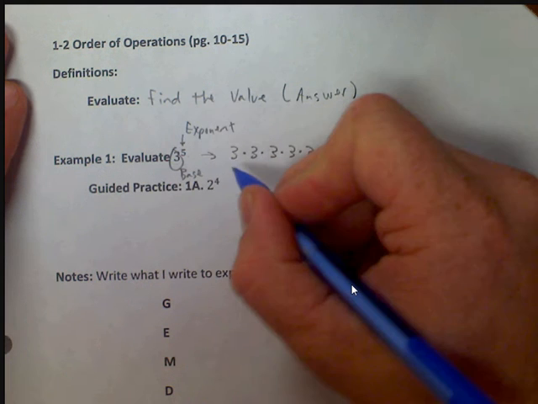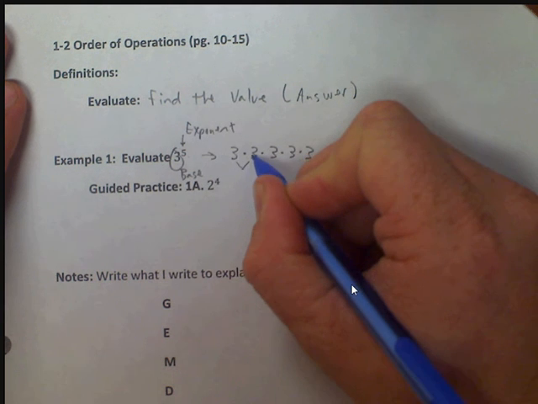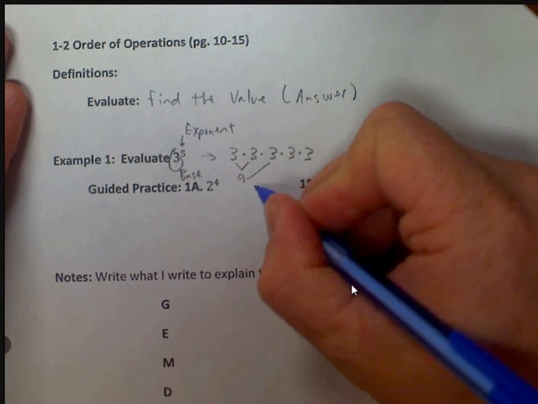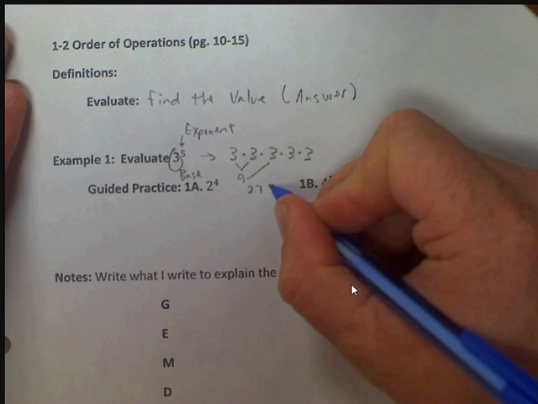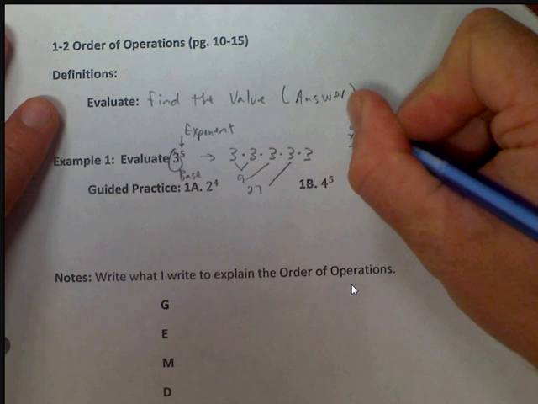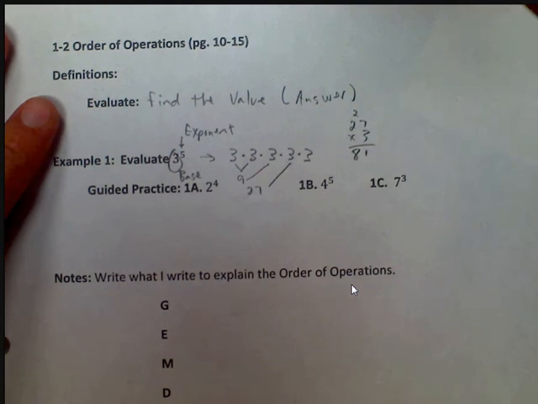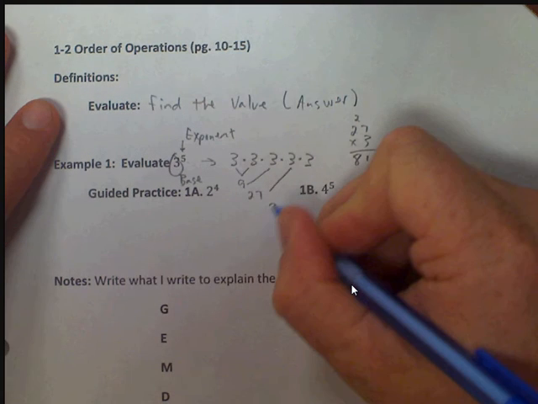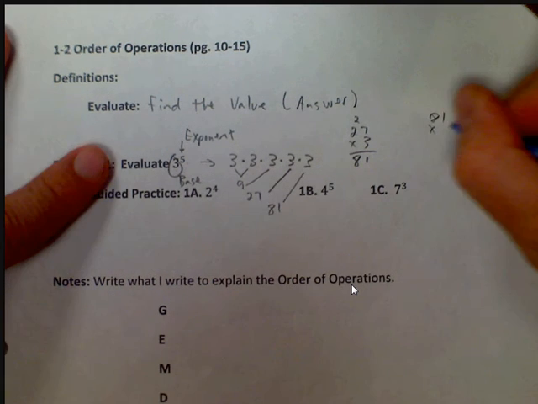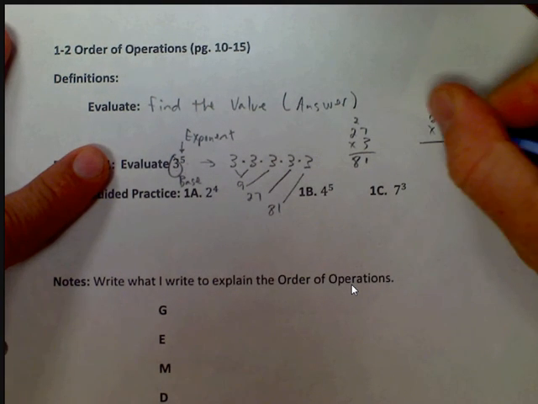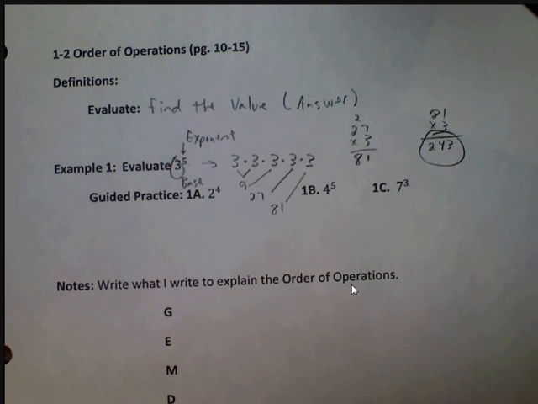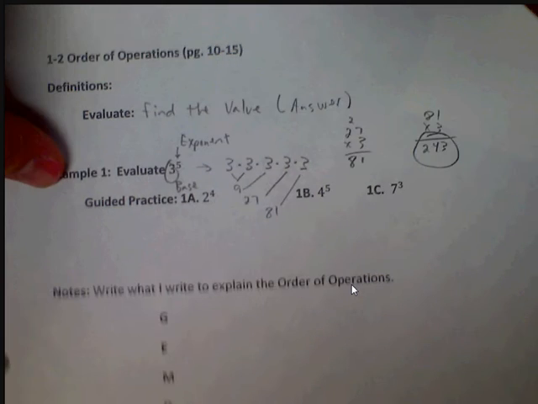So 3 times 3 is 9. 9 times 3 is 27. Then I would take 27 times 3, it's 81. And then 81 times 3, which is 243. So that's what we are looking at.